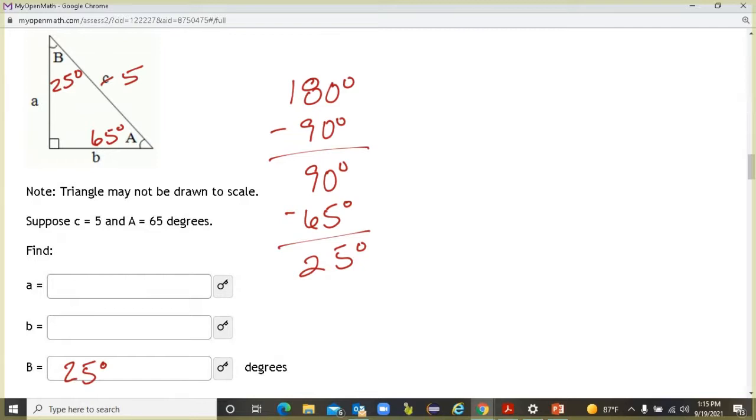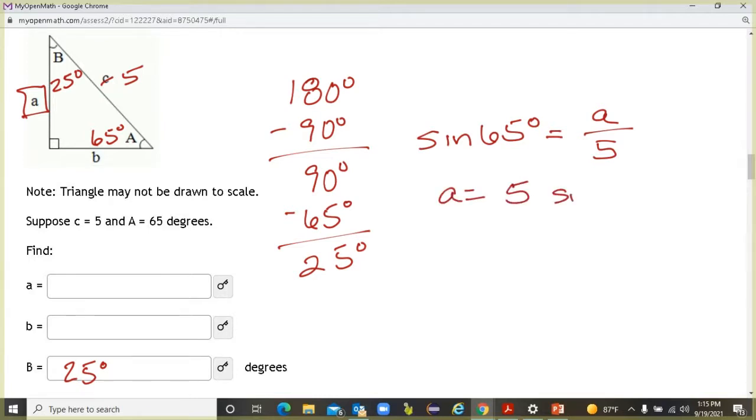Now that I've got that one, we can find these other sides. Notice I can't use the Pythagorean theorem because I only have one side of the triangle. But let's look at A. We could do sine of 65. Sine is opposite over hypotenuse, so A would be 5 times the sine of 65.